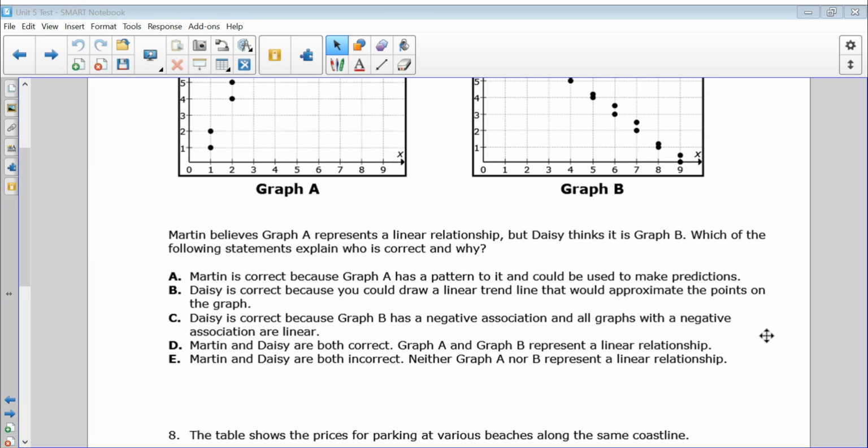D. Martin and Daisy are both correct. Graph A and graph B represent a linear relationship. E. Martin and Daisy are both incorrect. Neither graph A nor B represent a linear relationship.